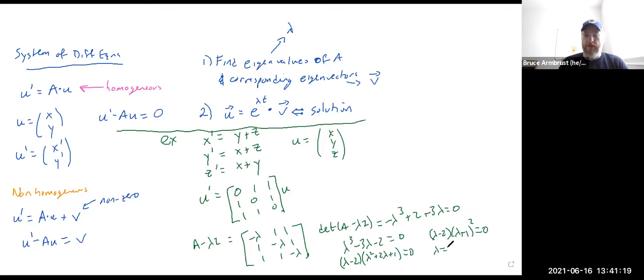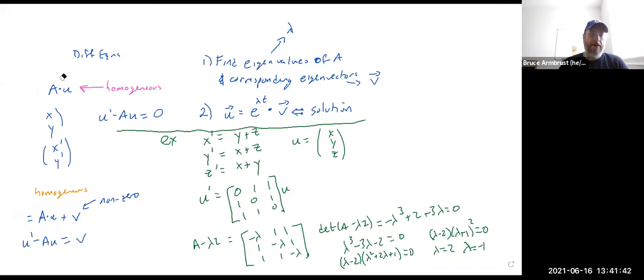So we get lambda equals 2 and lambda equals minus 1. All right, so there are our eigenvalues. So now let's get our eigenvectors. All right, well, let me erase some stuff over here so we got some space.